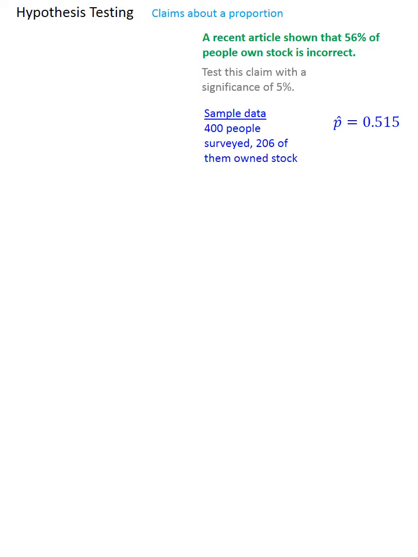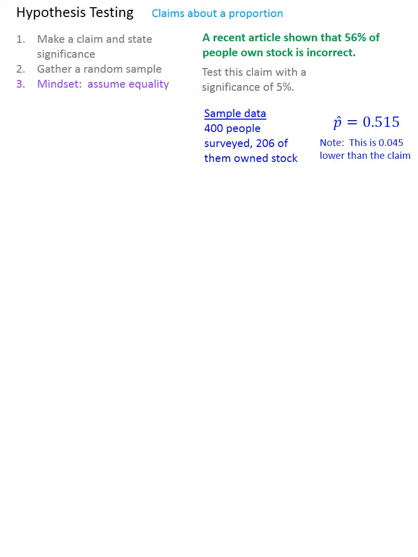Does that mean that the 56% is wrong? Not necessarily, because it's possible in a world where 56% of people own stock that a sample could be as low as 51. The real question is, how likely is that? Notice, by the way, that this is 4.5% below the number claimed in the article.